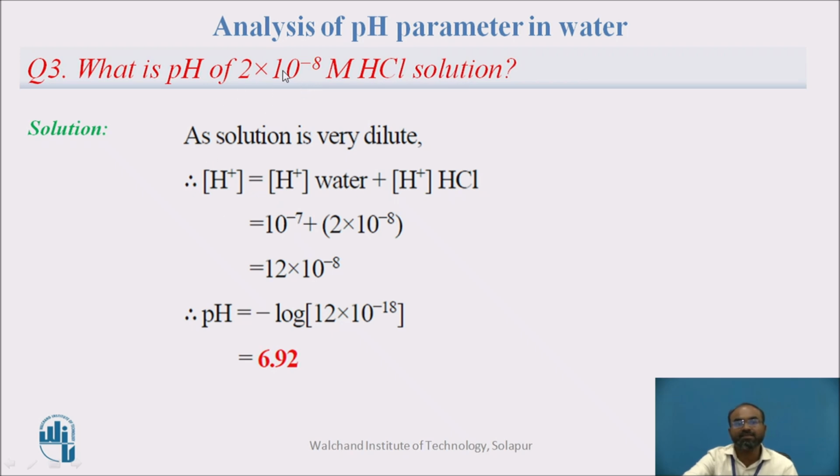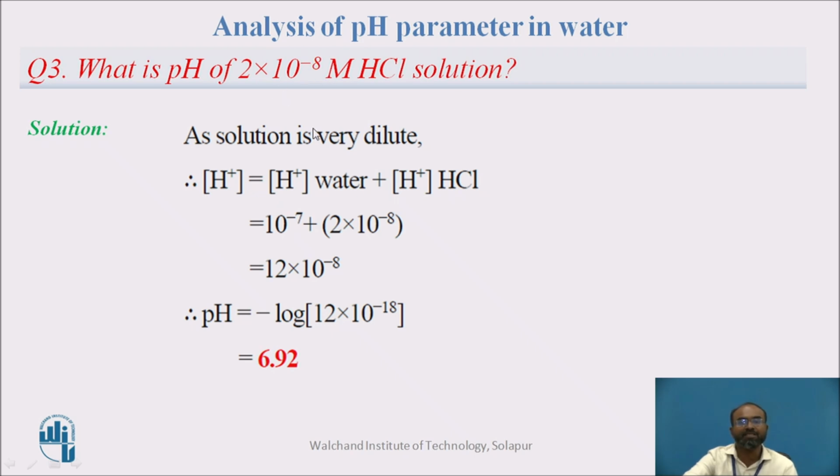Now, when this solution comes into the water, the H plus ion concentration of HCl would be there, but additionally the H plus ion concentration of water would also be there because the solution is very dilute.